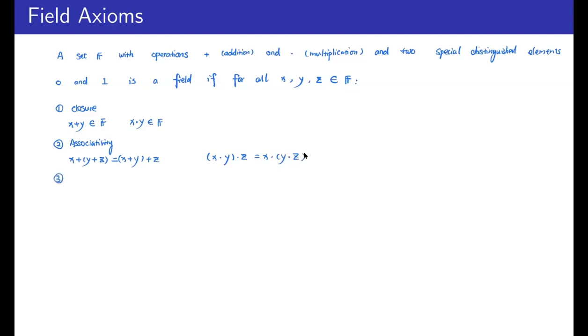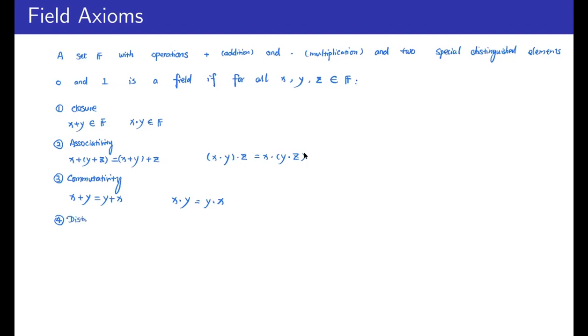The third one is pretty similar: commutativity, which means x plus y equals y plus x, and x times y equals y times x. And the fourth one, someone said reciprocal. We'll talk about that later. Let's do the ones that are similar.